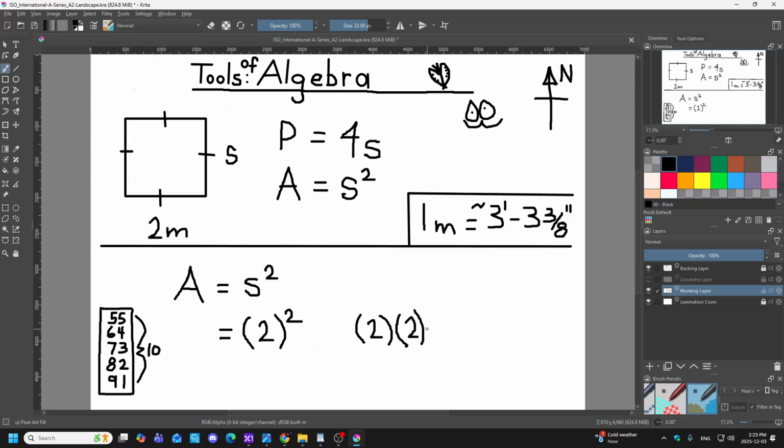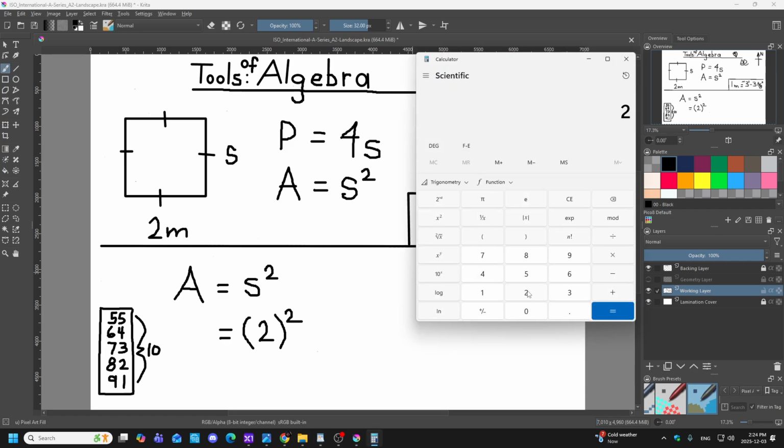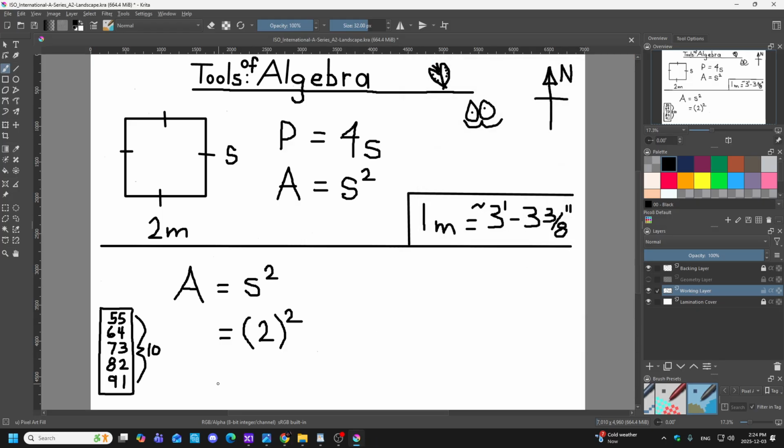Okay? Again, I'll bring up the calculator. 2 squared is 4. Therefore, our area is 4 meters, and because it's area, squared.